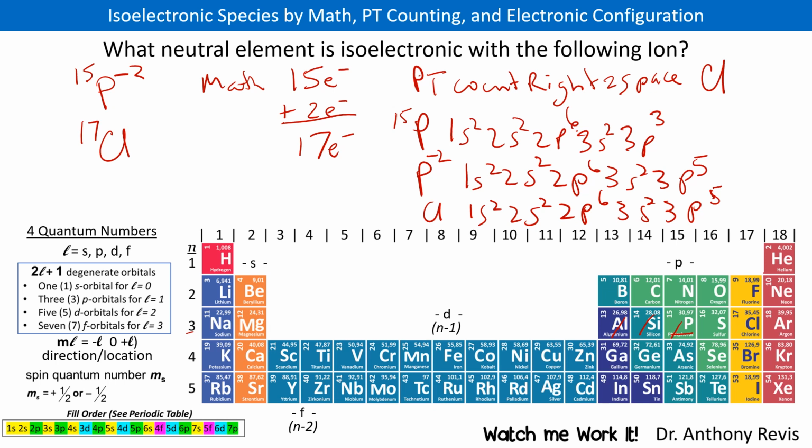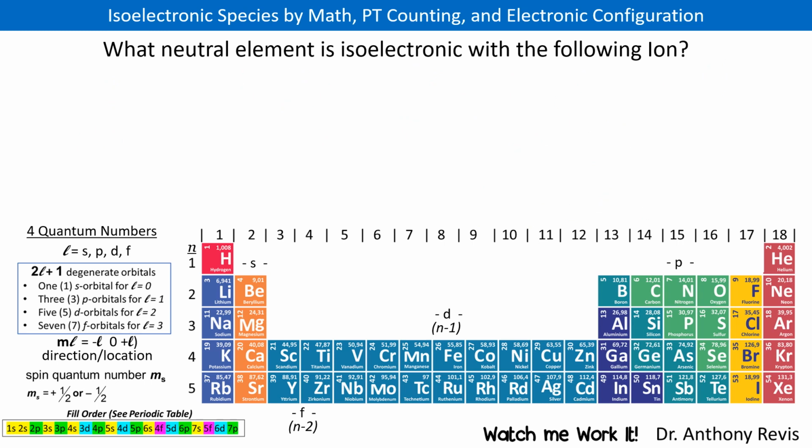Now, just for the fun of it, let's do one more that's a little bit more bizarre, that challenges you a little bit more. Let's do one that you really don't want to see, but I'm going to make it do oxygen -4. Can you believe it? Yeah, oxygen -4. I can't believe it either, but I'm going to make it be an oxygen -4. We know oxygen starts with 8. That's its atomic number.